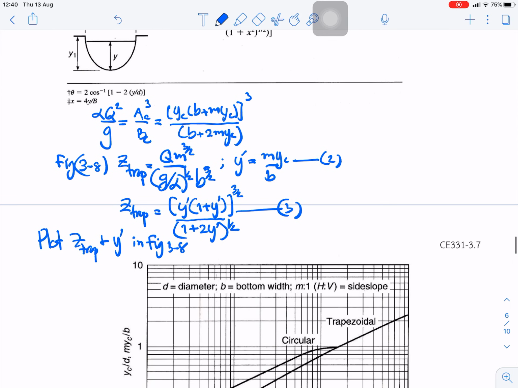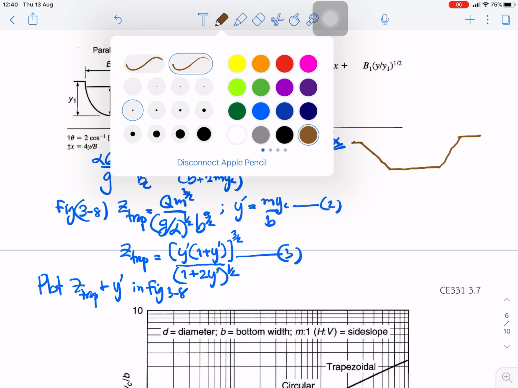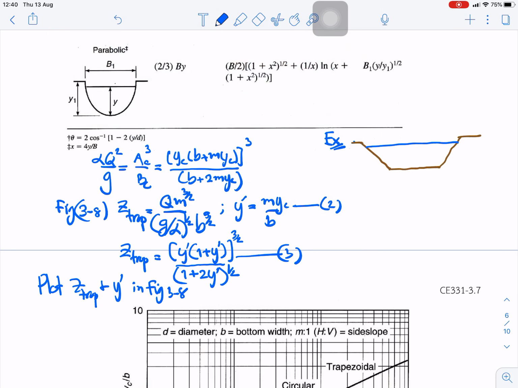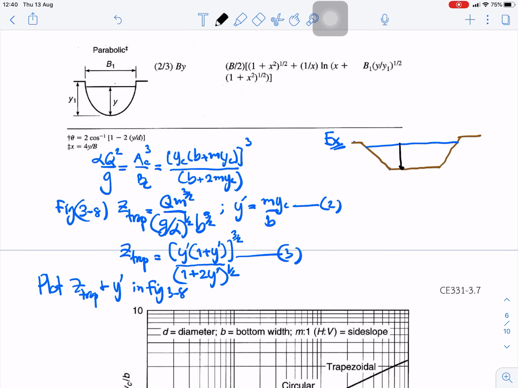I don't have enough space here. Okay, we assume that the example is a trapezoidal channel like this. And the depth is y, and the bottom width is 20 feet.